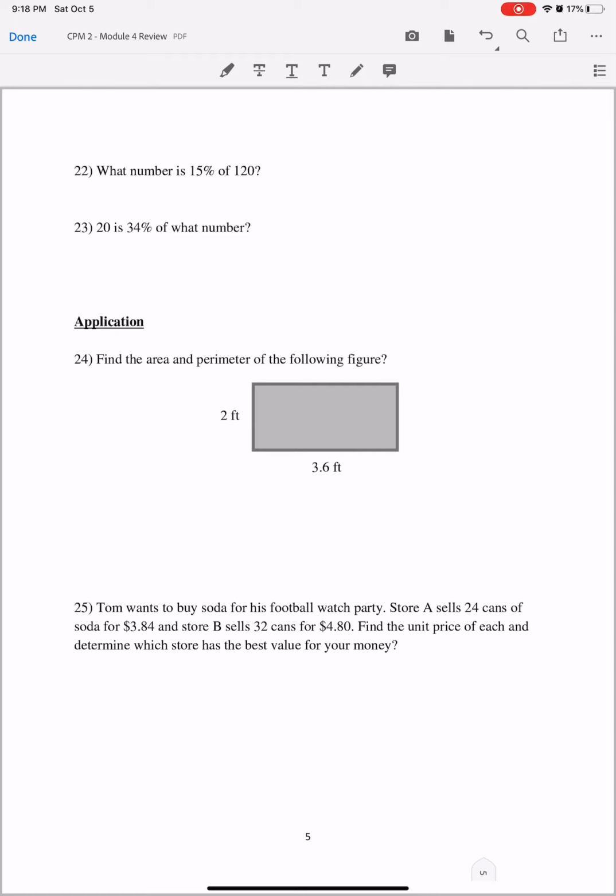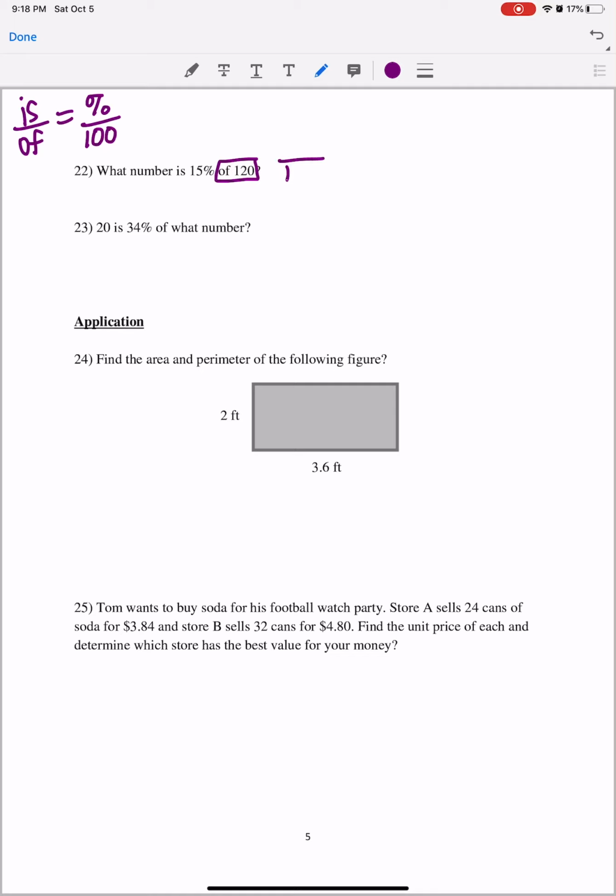So what number of 15% is 120? So we have, I'll write it over here, is over of equals percent over 100. So fill in what we've got. We have of 120. I have my 15%, so it's going to go 15 over 100.